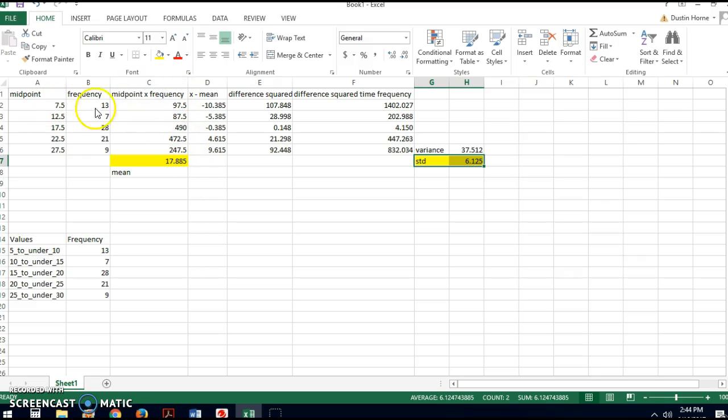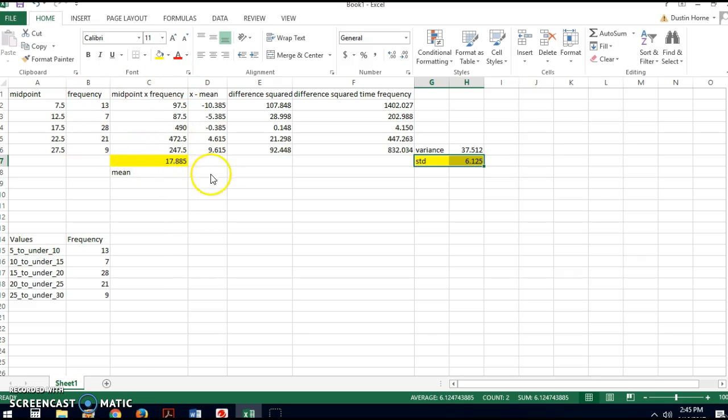So once you do midpoint times frequency, add these up and divide by the total number you have, which was the sum of these, which I believe was 78. So to get the mean, you divide by the actual total here. So you add this up and divide by 78, and that's how you get the mean.